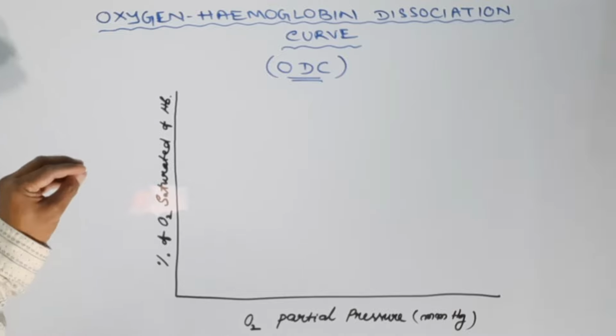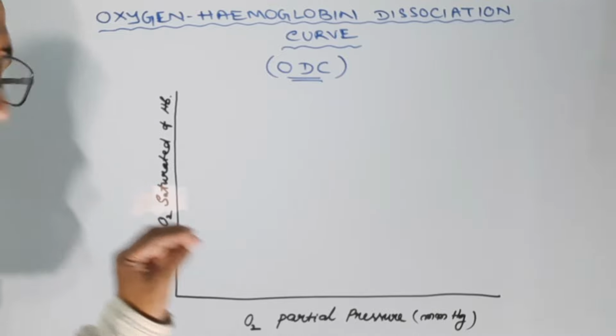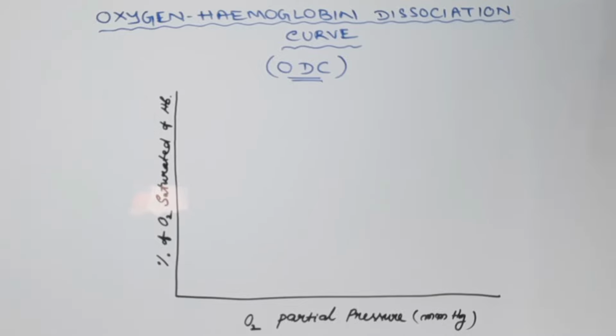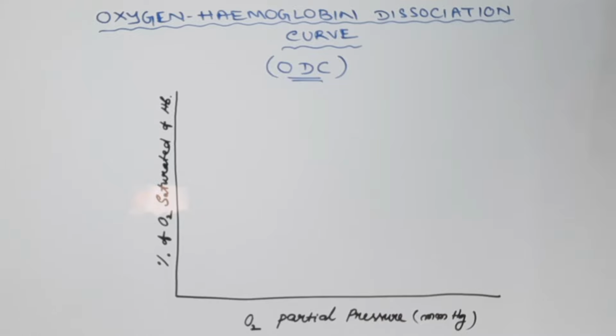It means the percentage of oxygen bound with hemoglobin in total, which is known as the percentage of oxygen saturation of hemoglobin. Hemoglobin without bound oxygen is known as deoxygenated hemoglobin. After binding of oxygen with hemoglobin, it is known as oxygenated hemoglobin.